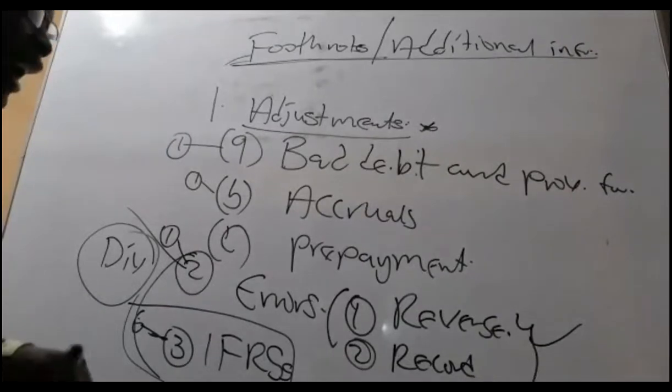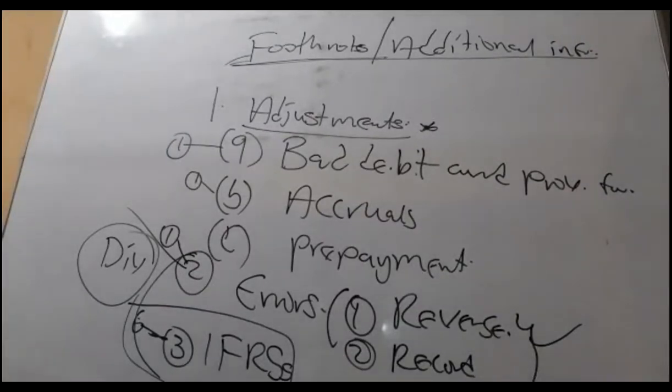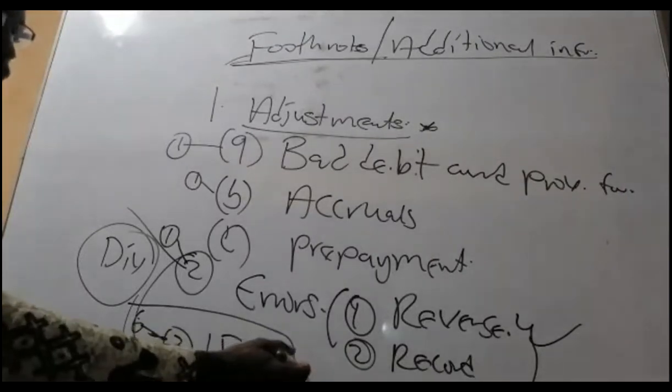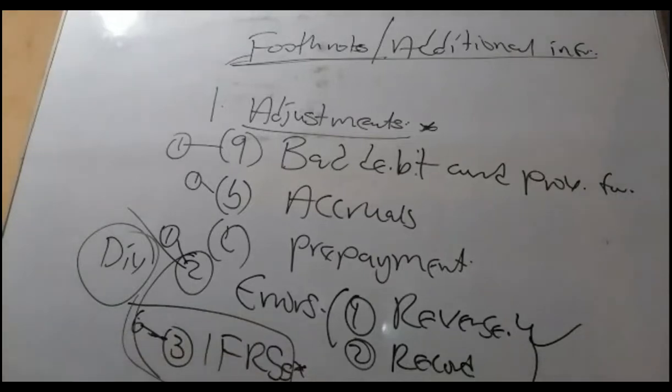So now this is how I'll start the game. Tonight, we will try together and clear the adjustments, so that next week we are starting with the IFRS. That's good news.